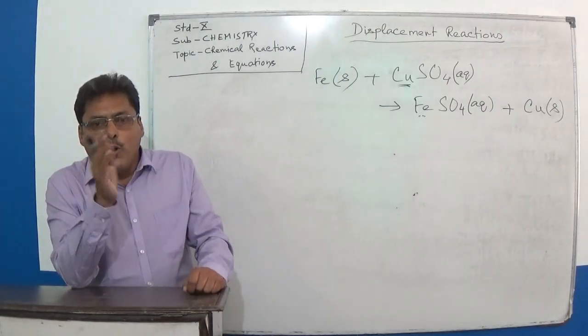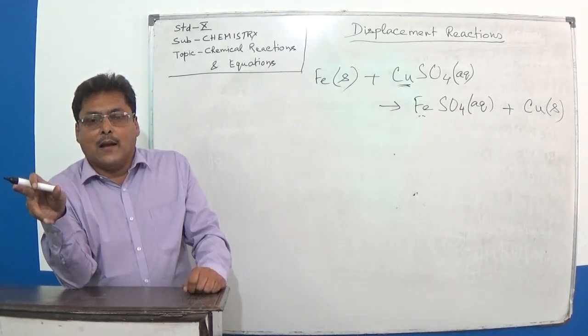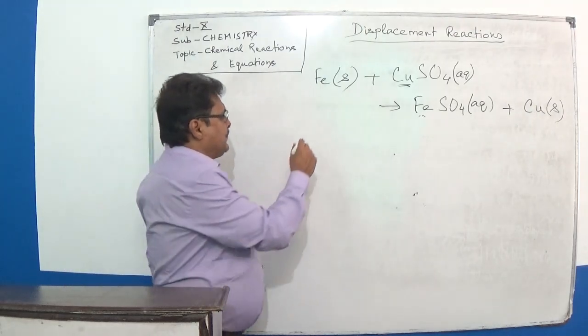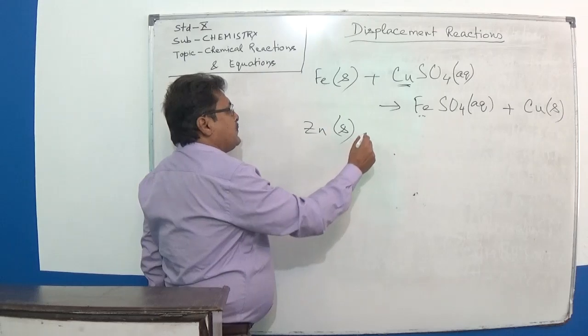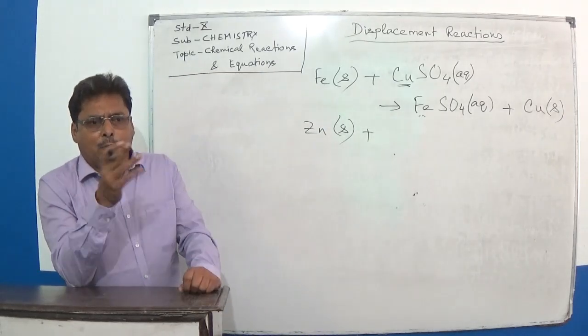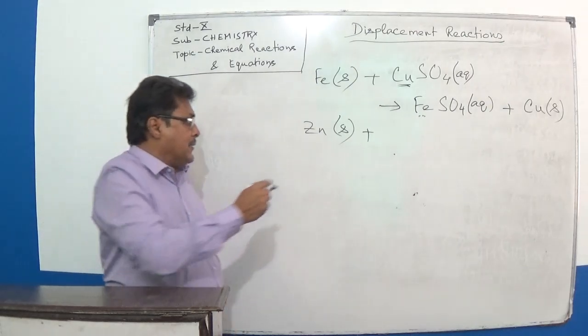This is how a more reactive metal replaces a less reactive metal in its compound. Another example we can give, say zinc. We mix it, say, with hydrochloric acid.